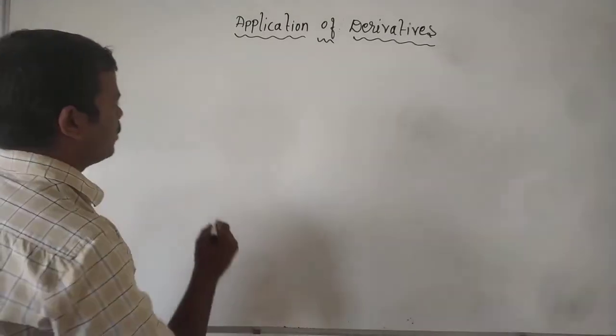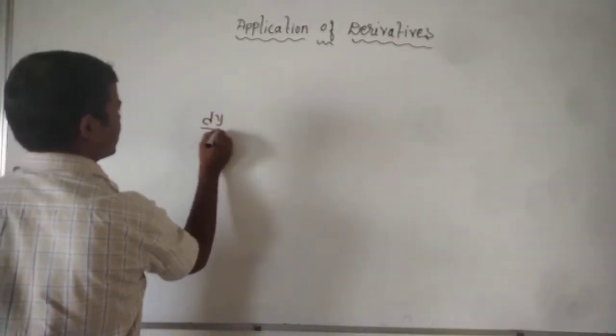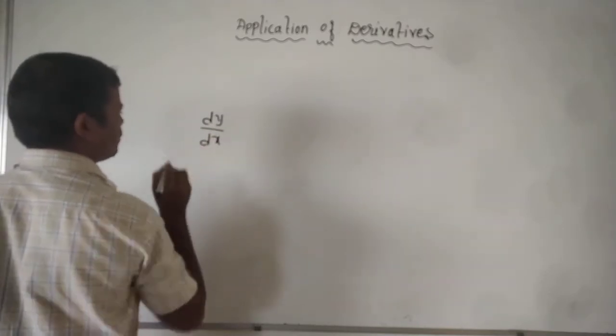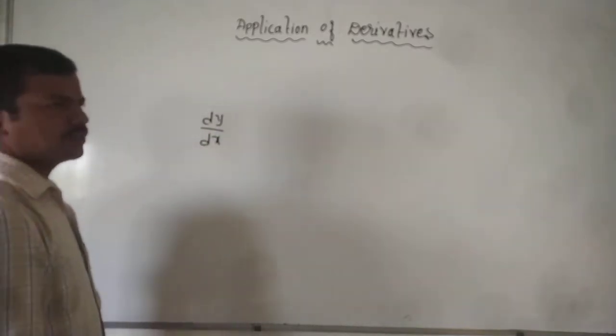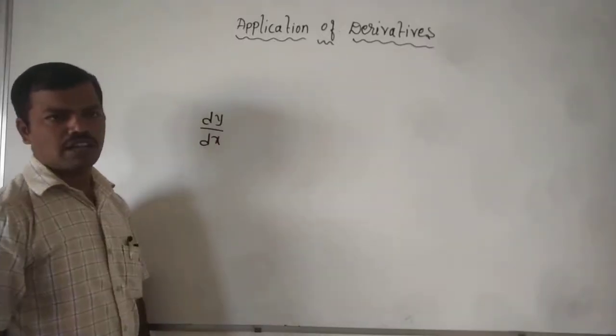The derivative of y with respect to x, how do we write it? That is dy by dx. What is the actual meaning of dy by dx? It is the rate of change of y with respect to x.